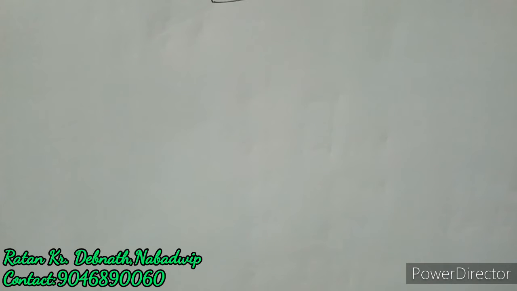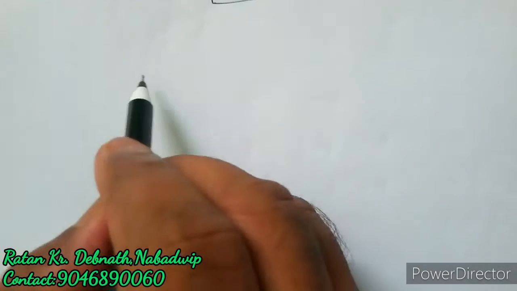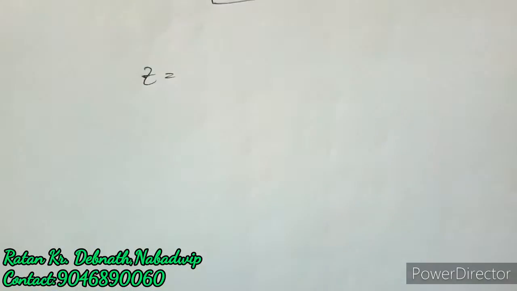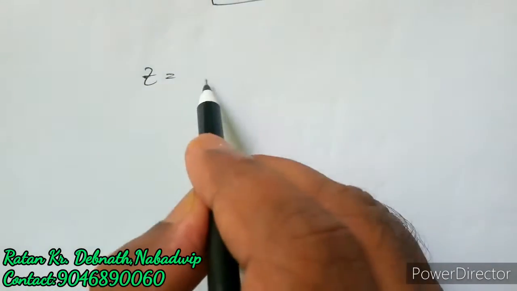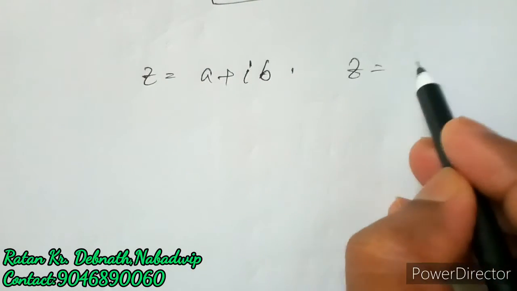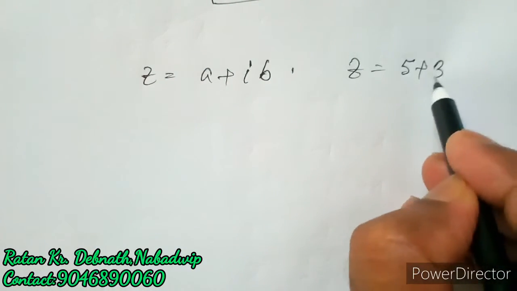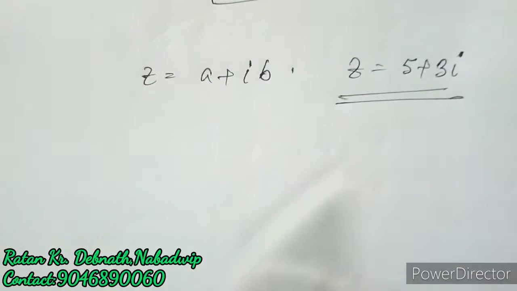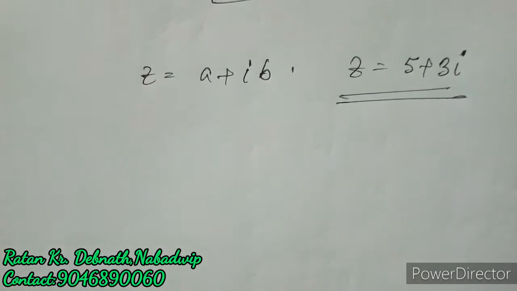Generally, a complex number is denoted by z, and z equals a plus ib, like z equals 5 plus 3i is a complex number. This is the most general form of complex number.